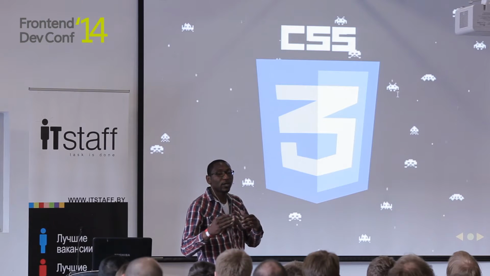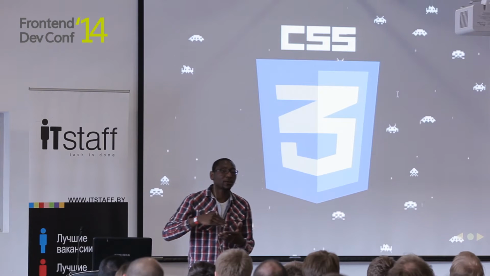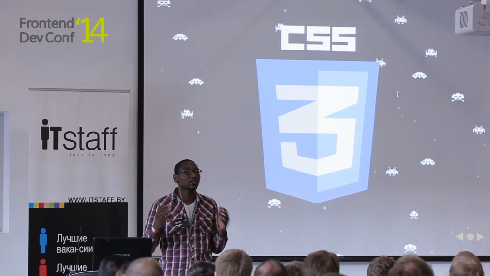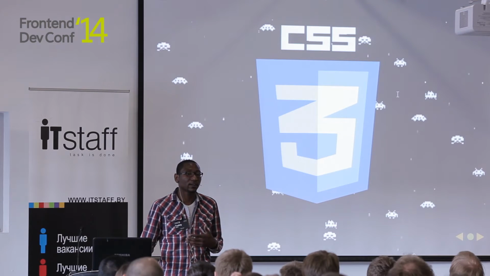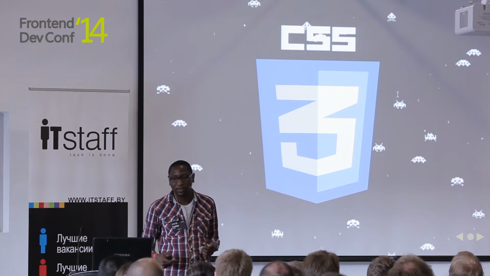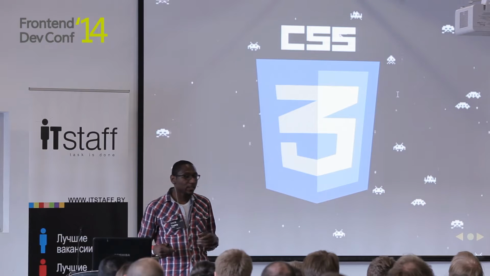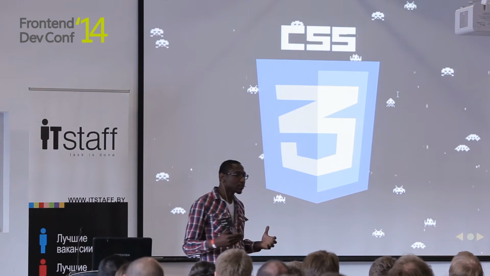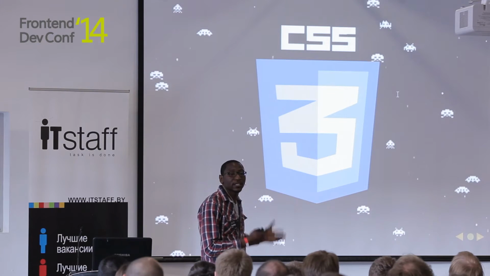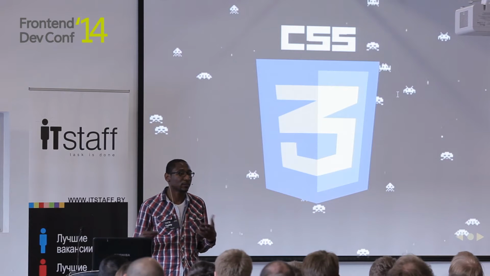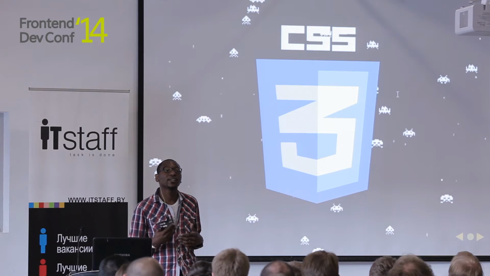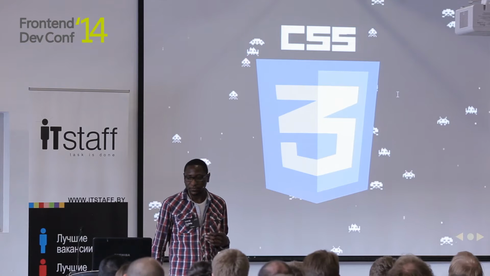So you can always have a fallback if the user doesn't have CSS3 on his browser, for example. So all the examples that I will show you are all coded with CSS3, updated by JavaScript.